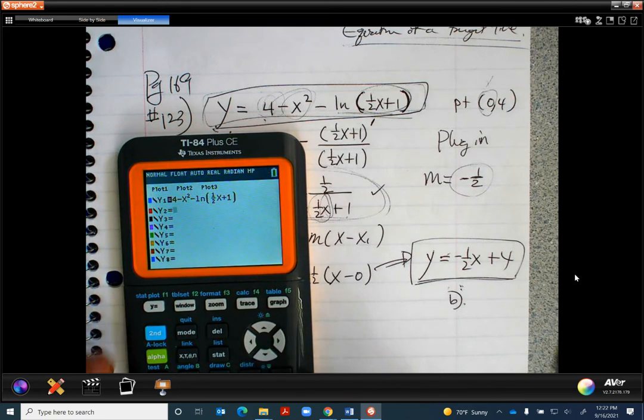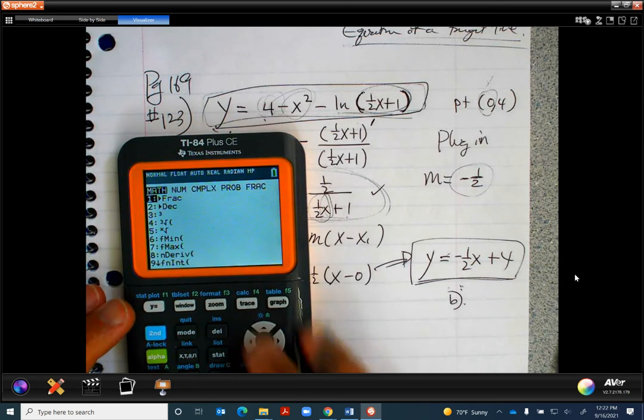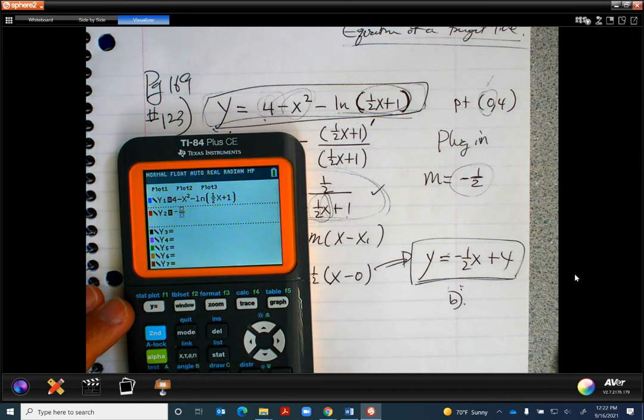And then what are you going to put as your second equation? Your tangent equation, which is negative math fraction 1/2 and then x plus 4, and then graph.